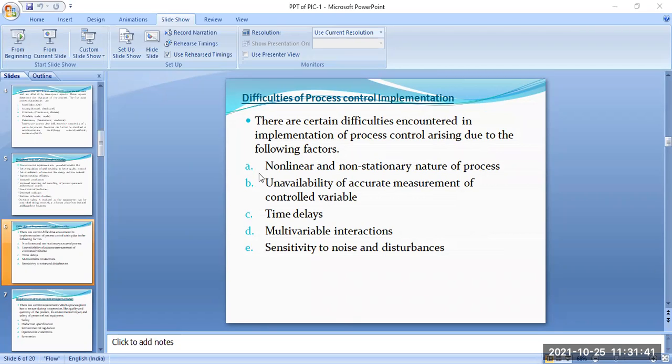Number one, nonlinear and non-stationary nature of process. Okay, so what is the nonlinear and non-stationary process? In that case, process gain. So do all of you know what gain is? Gain is the ratio between the output and input.